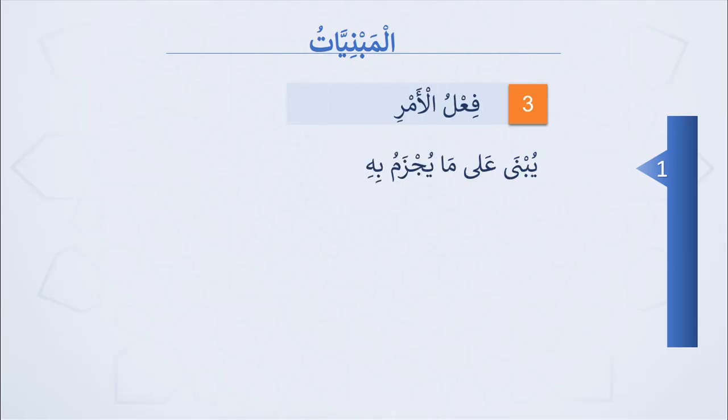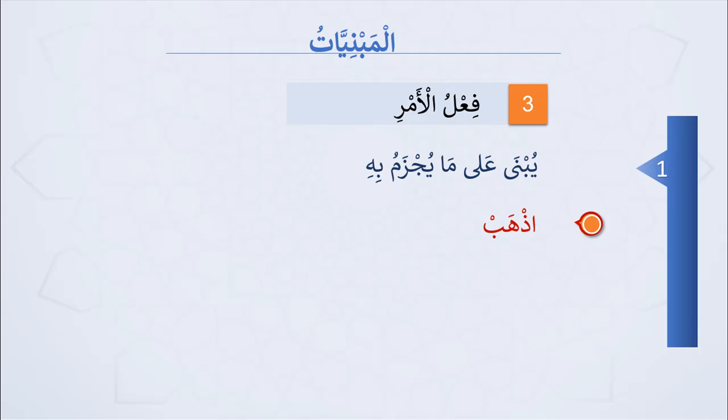Fi'l al-amri is also permanently uninflected, and the principle is yubna ala ma yujzamu bihi. It means it is permanently uninflected on what we used to give it jazmu. So if sukun is the jazmu, then you say mabniyun ala sukun, and others like that.